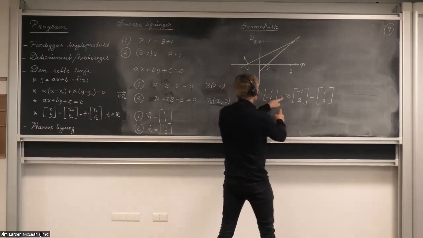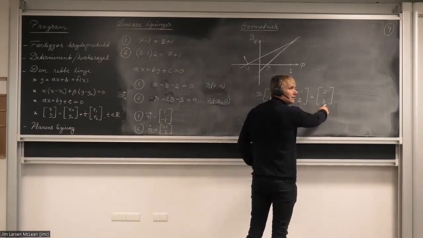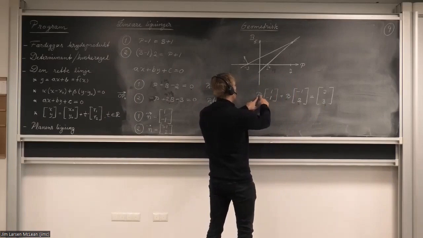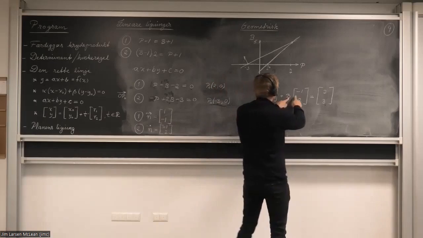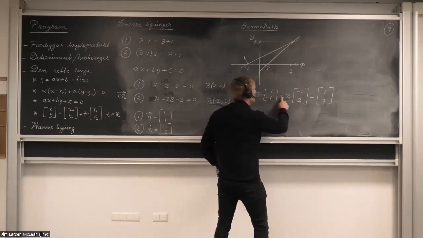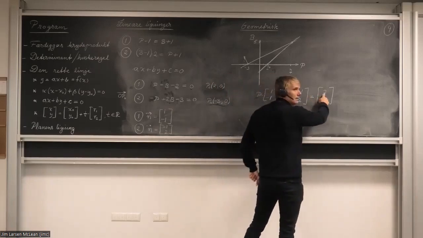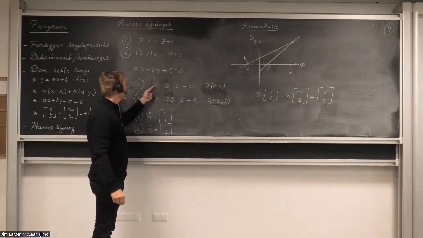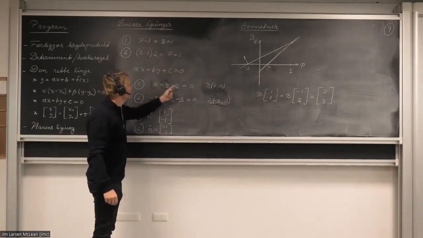P times the vector. How do you multiply a number by a vector? Well, you multiply up on the first coordinate and multiply down on the second coordinate. So what it actually says is 1p plus minus 1b should equal 2. Oh, that's also what it said here. 1p minus 1b equals 2.